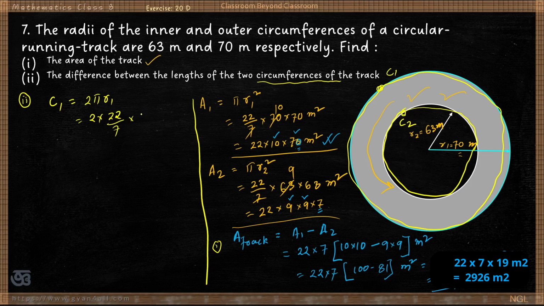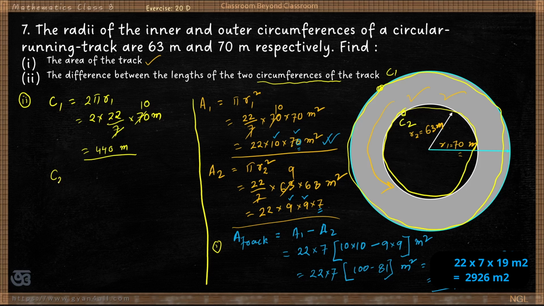R1 is equal to 70 meter. 7 tens are 70. So this is equal to 44 into 10, 440 meter.